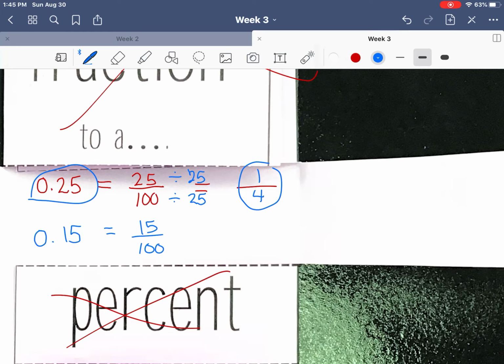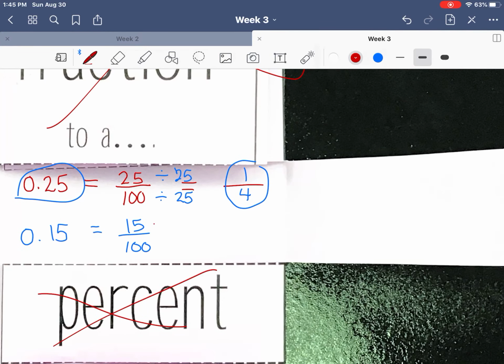If a number ends in 0 or 5, it's divisible by 5. So I can divide both of those evenly by 5 to get a simplified version. 15 divided by 5 is 3. 100 divided by 5 is 20. So the simplest form of 15 hundredths is equal to 3 twentieths.